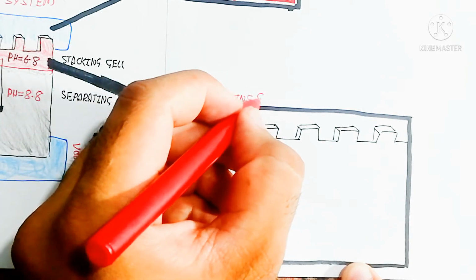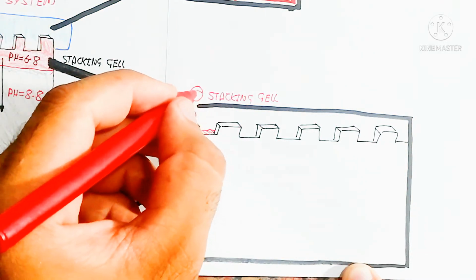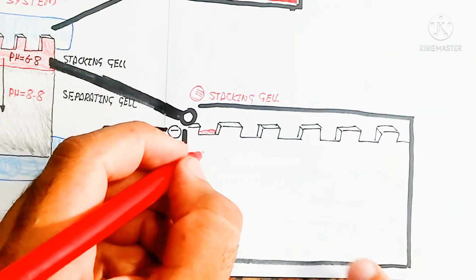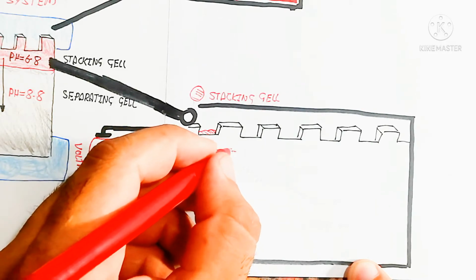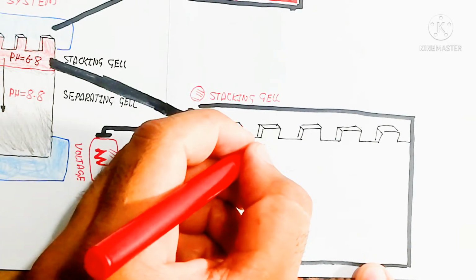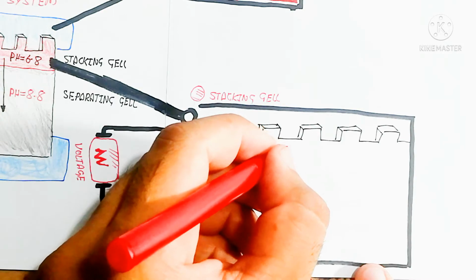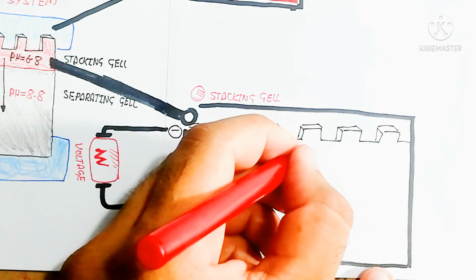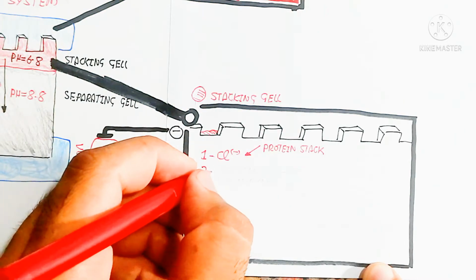Remember that. But here we will understand about the stacking gel. The part of the stacking gel layer we will understand here is basically Tris-glycine. The chloride ion number 1 stacks the protein, and the chloride ion comes from Tris-HCl, which contains a pH of 6.8.